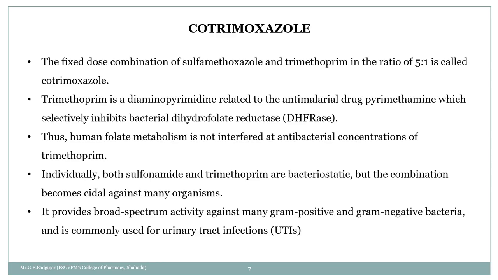Thus, human folate metabolism is not interfered with at antibacterial concentrations of trimethoprim. Individually, both these drugs, that is sulfamethoxazole and trimethoprim, are bacteriostatic agents, but in combination they produce a bactericidal effect against many microorganisms.